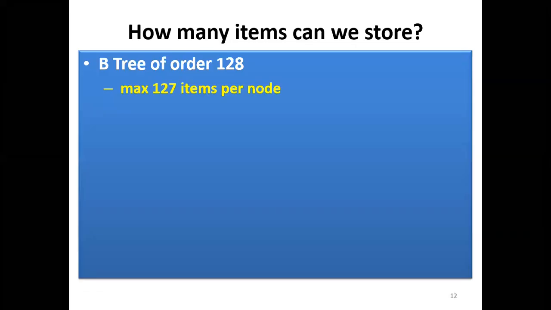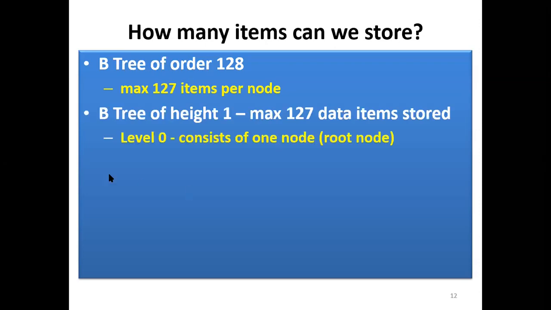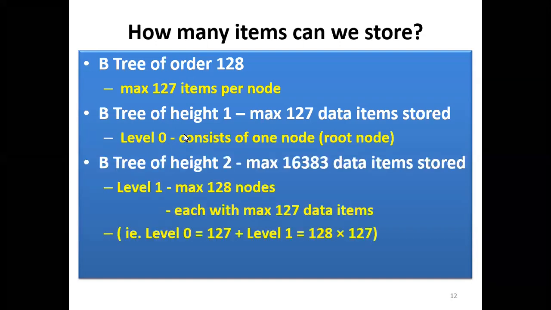So if we discuss this further, then we can ask: if a B tree has order 128, then the maximum number of data items per node will be 127. And this per node is referring to the first height. So if you want to calculate for the second height, then it will be the first height, which is level 0, plus level 1.